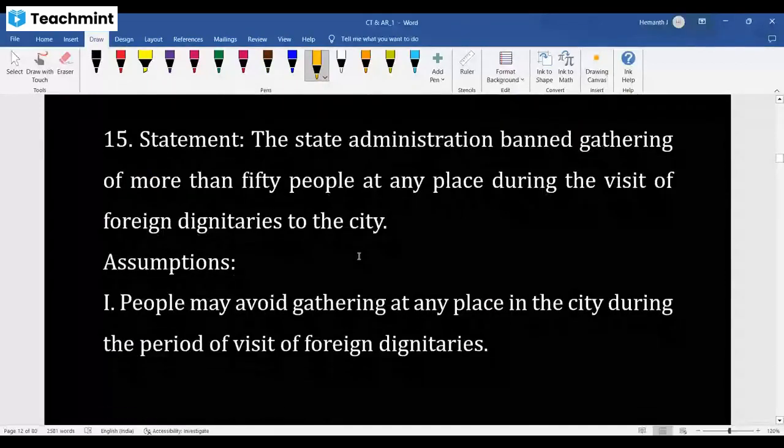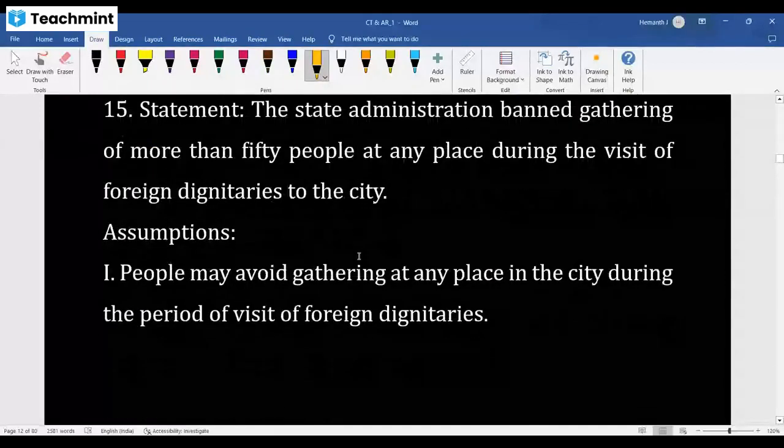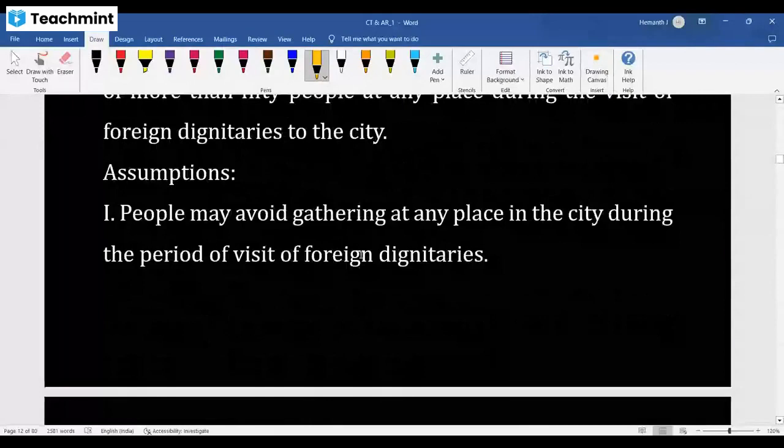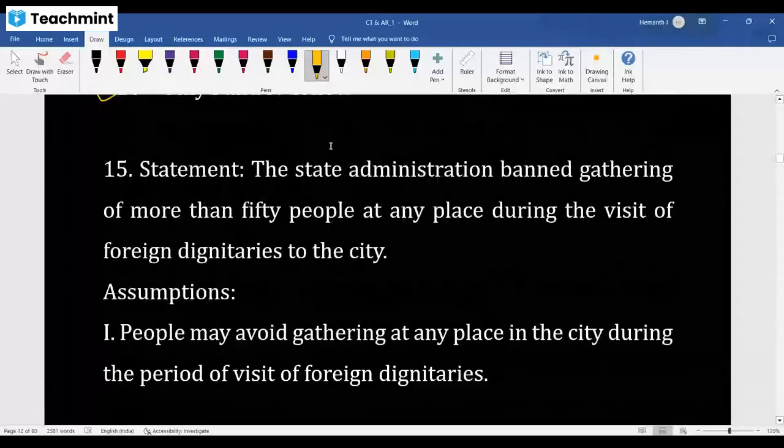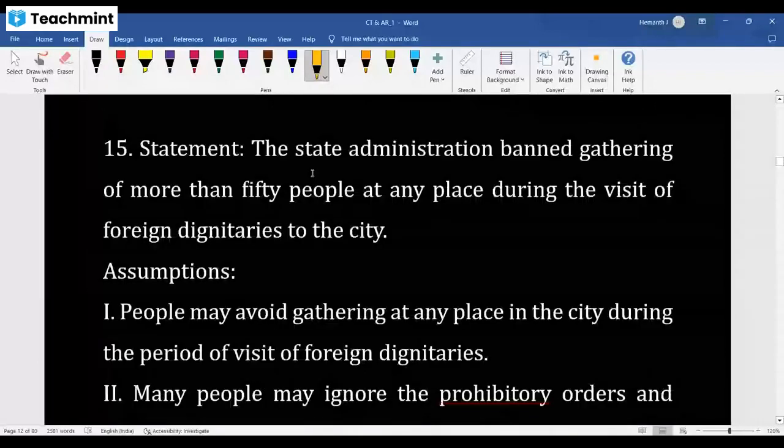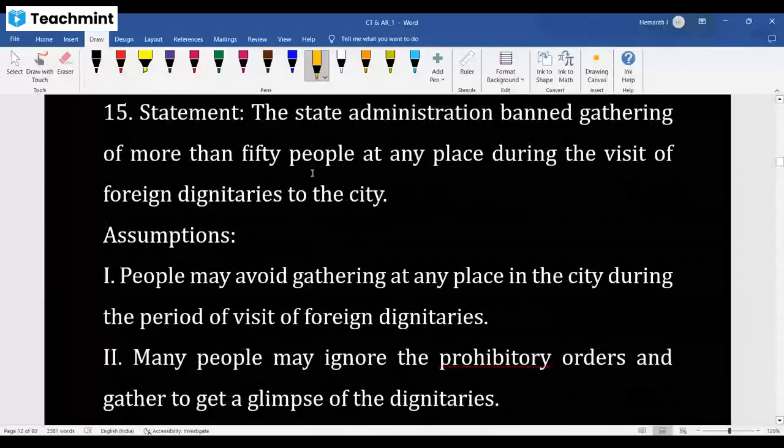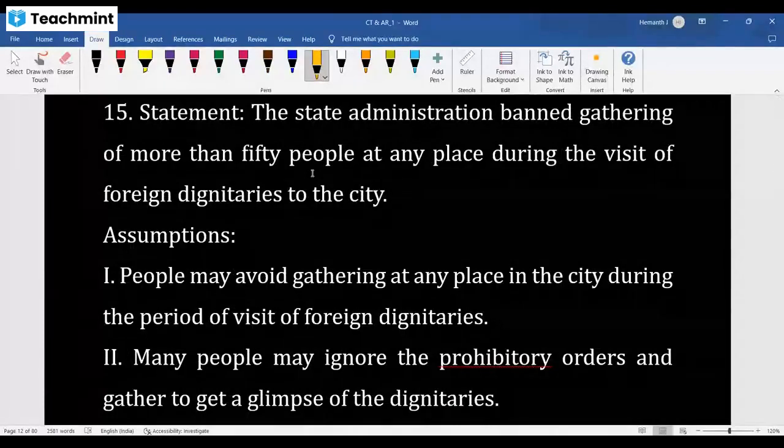Now, statements and assumptions, critical thinking. An assumption should always be a positive response, right? So this is the statement, this is the assumption. The state administration banned gathering of more than 50 people at any place during the visit of foreign dignitaries to the city.